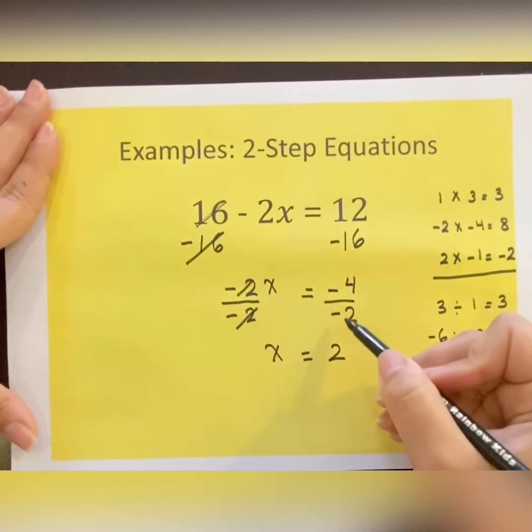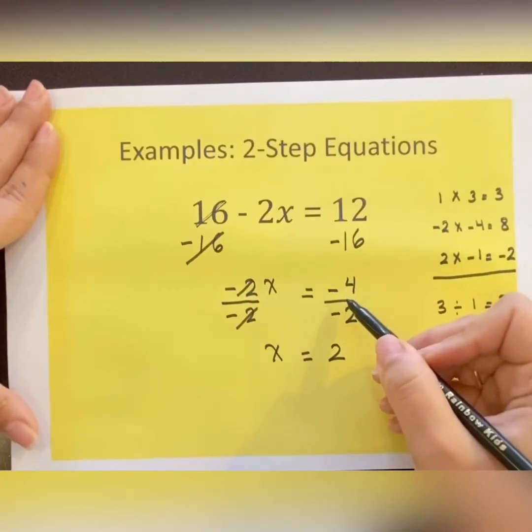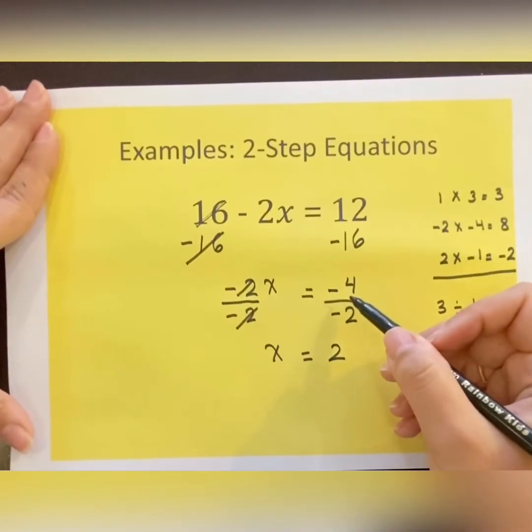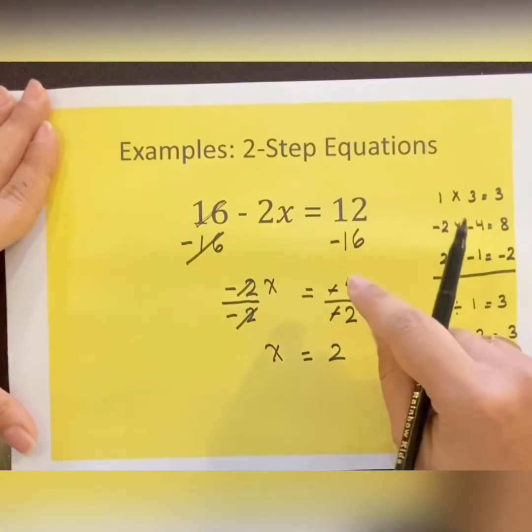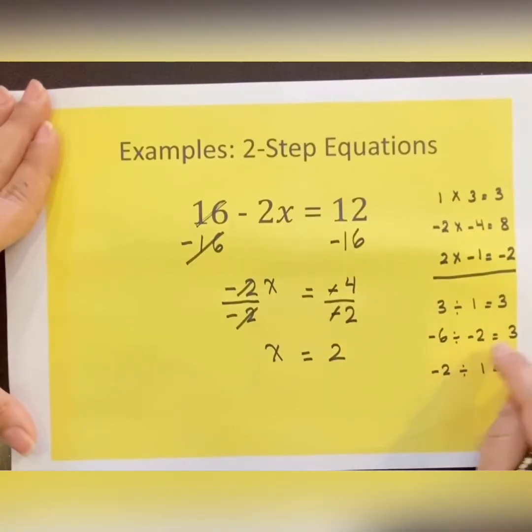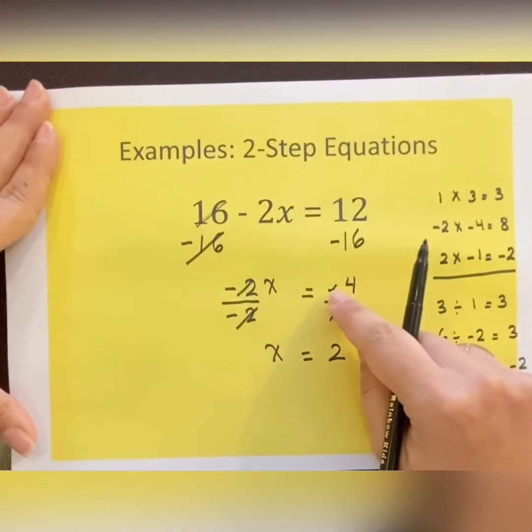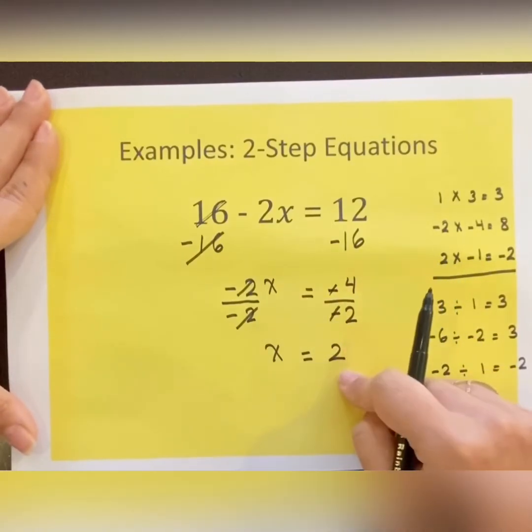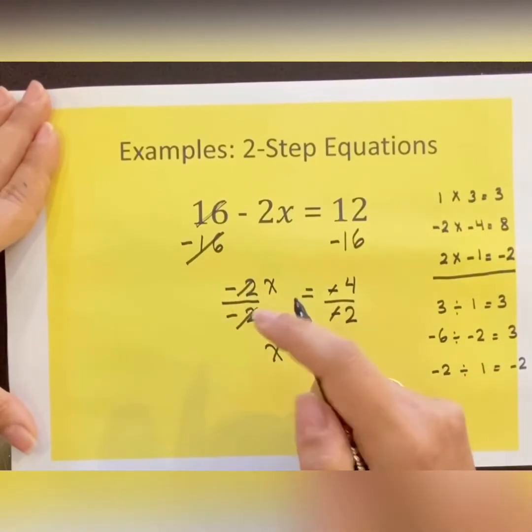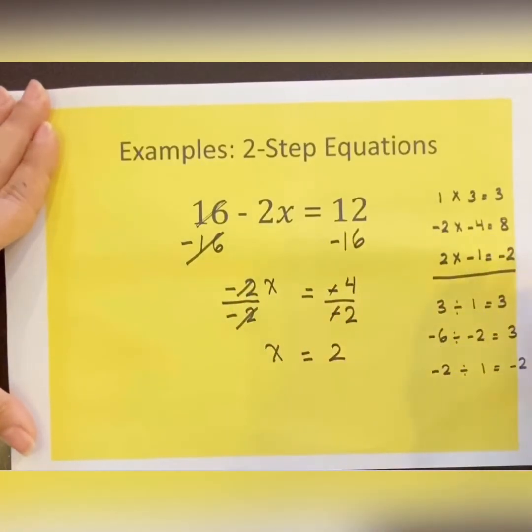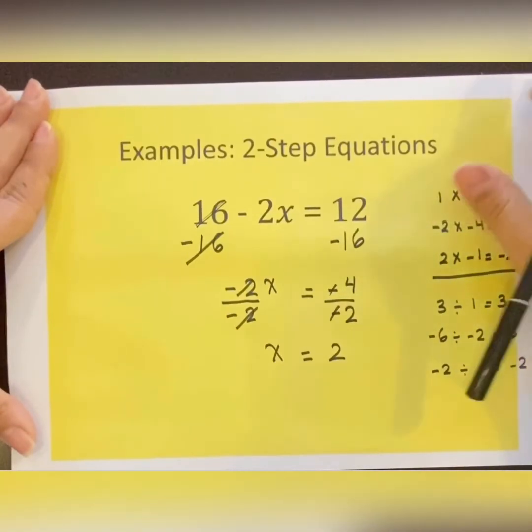Here, the signs are going to be crossed together. I want you to think of it this way. Whenever we divide two negative numbers, the answer is positive. So negative 4 divided by negative 2 is 2. And negative 2 divided by negative 2 is 1. And we don't write the coefficient whenever it's 1.